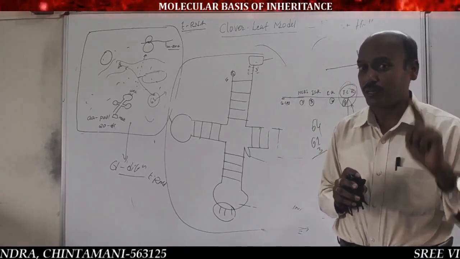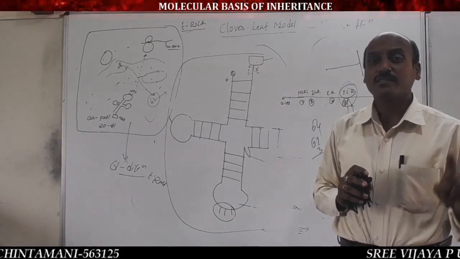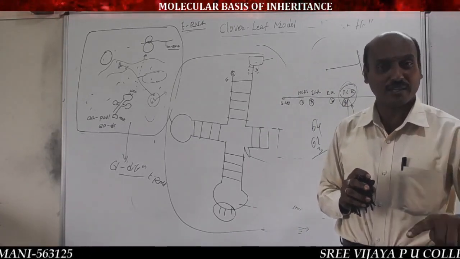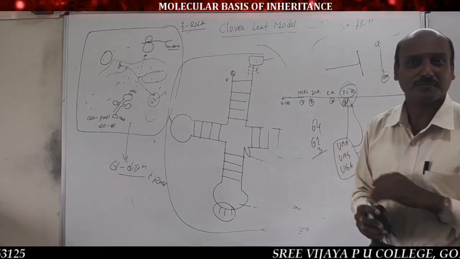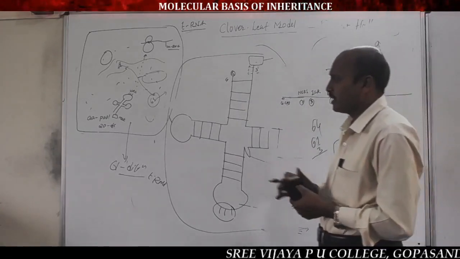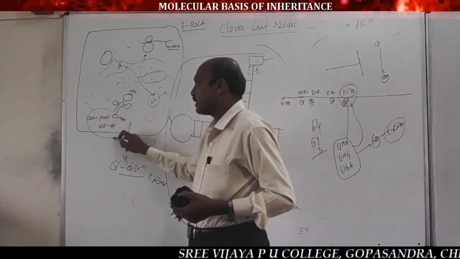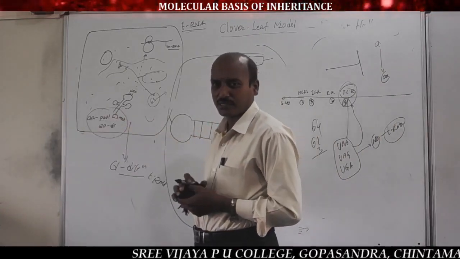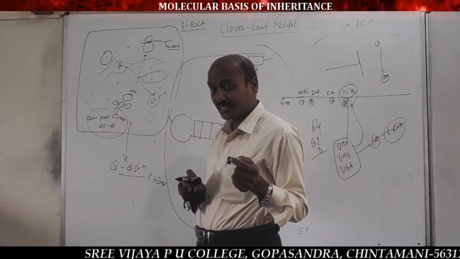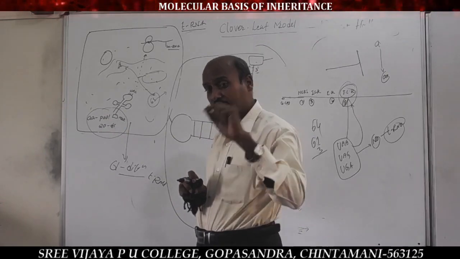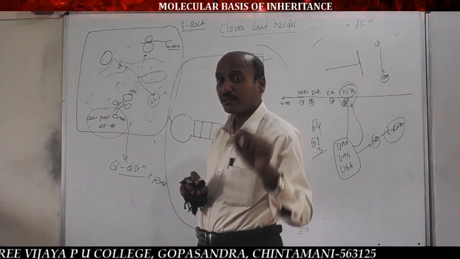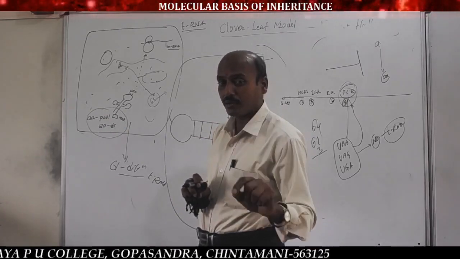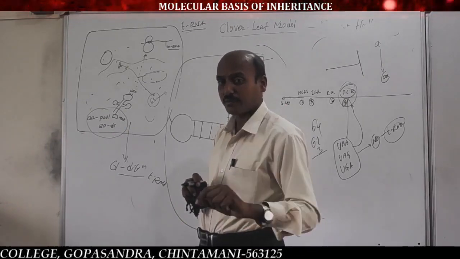But how many amino acid synthetase enzymes are there? Only 20 types, because the cell contains 20 different types of inactivated amino acids. Each inactivated amino acid is converted into an activated amino acid by a specific amino acid synthetase enzyme.